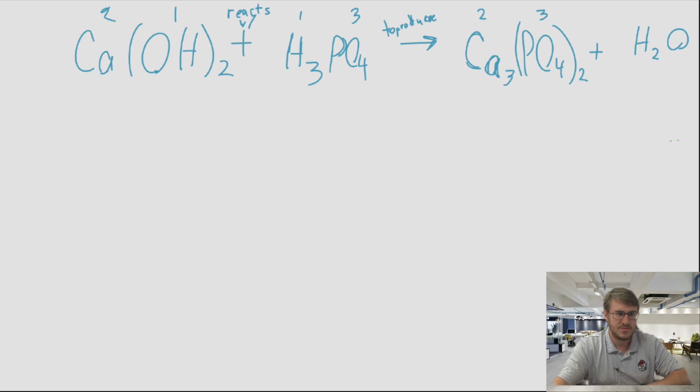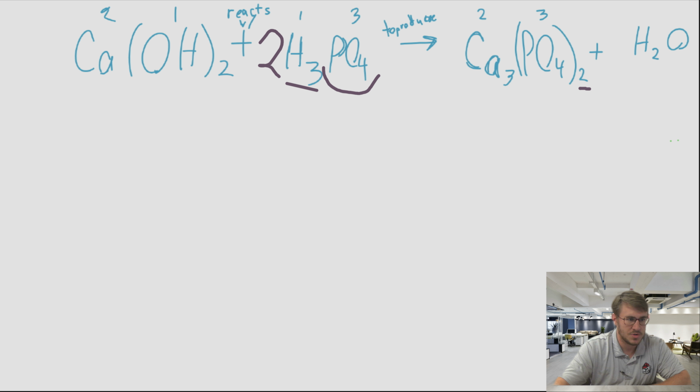We see that we have this 2 outside the subscript, gives us 2 PO4s. So we need 2 PO4s over here. There's 1 right now as it exists. So we need to put a 2 there, which of course makes 2 PO4s and 2 H3s, or 2 times 3 is 6 leading H's. That's H's out in front.